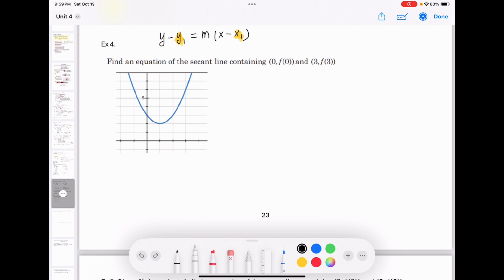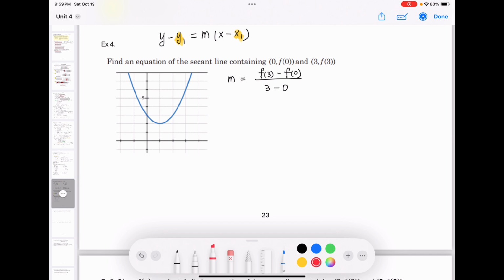First, I want to find my slope. So m secant, the slope of the secant line, is equal to the change in y over change in x. So what is the change in y? Change in y is using second y, f of 3 minus f of 0, divided by second x, 3, minus first x, 0.